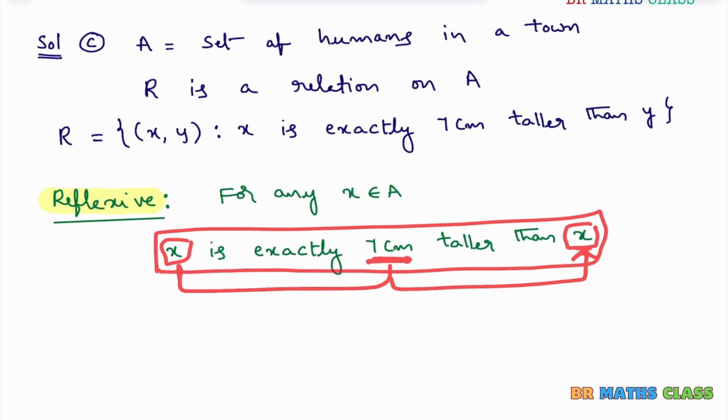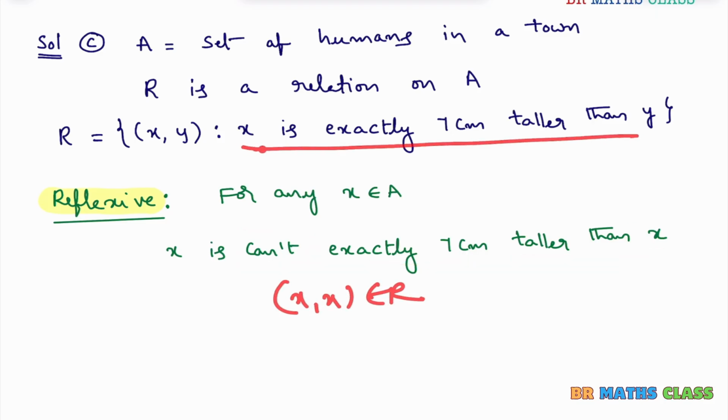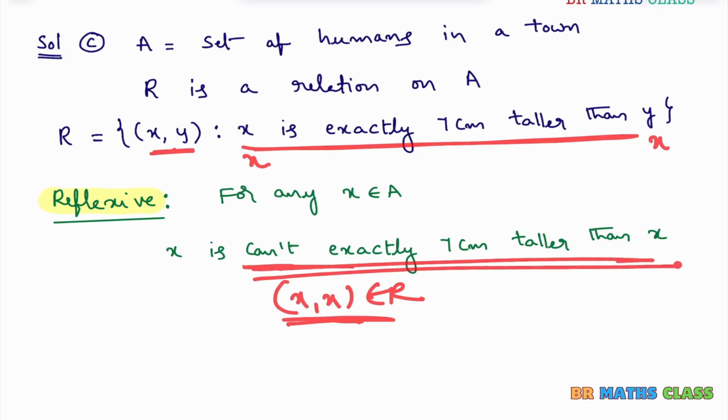Can I say that you are exactly 7 centimeters taller than your own height? Can I say like that? No, this is false. So x cannot be exactly 7 centimeters taller than x. When the ordered pair (x, x) belongs to the relation, only if x is exactly 7 centimeters taller than x does this ordered pair belong to this relation. Here x cannot be exactly 7 centimeters taller than x.